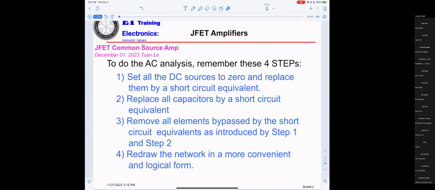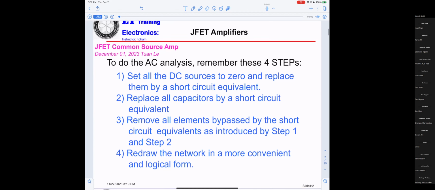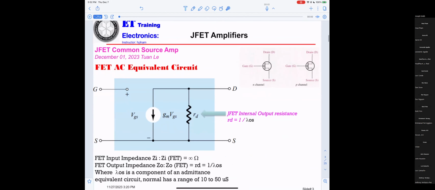Redraw the network in a more convenient and logical form. Basically, you are a technician, so you don't have to go into too much detail on AC calculation. However, you have to know how to calculate it when you get the circuit and the formula.